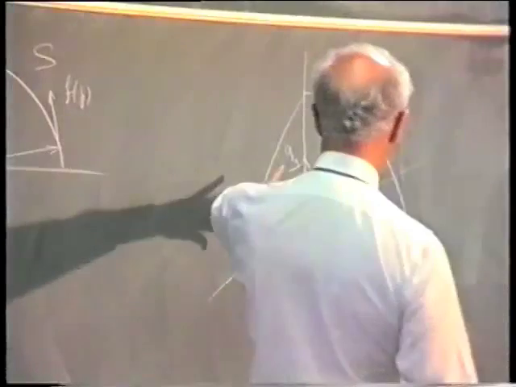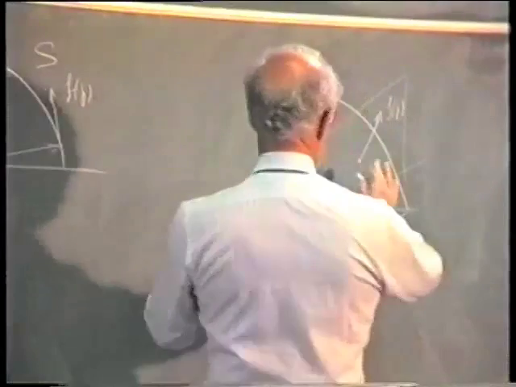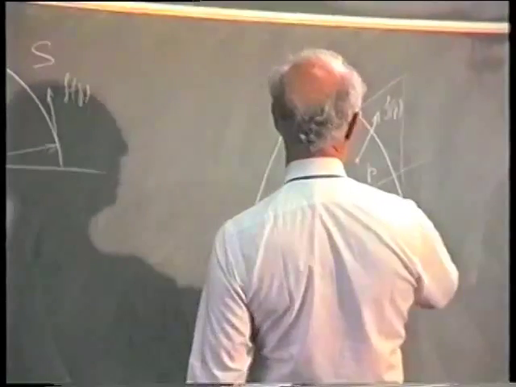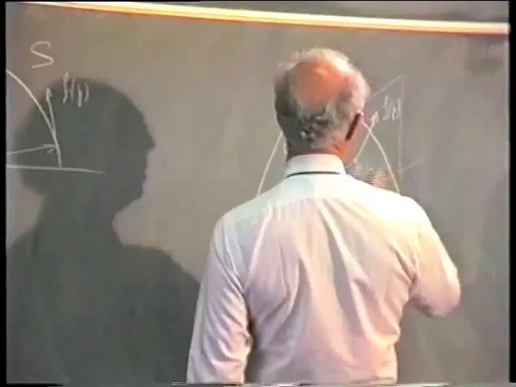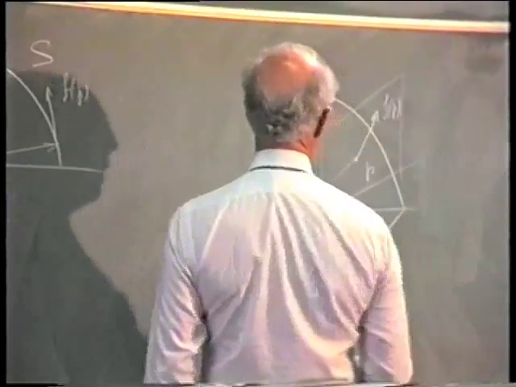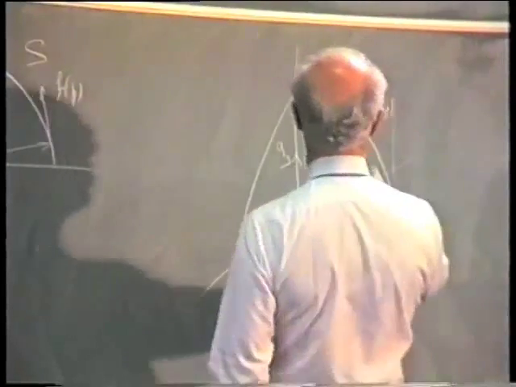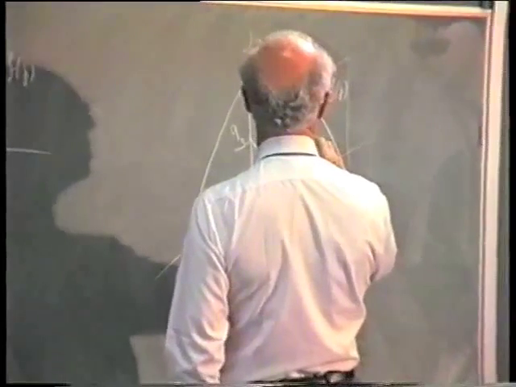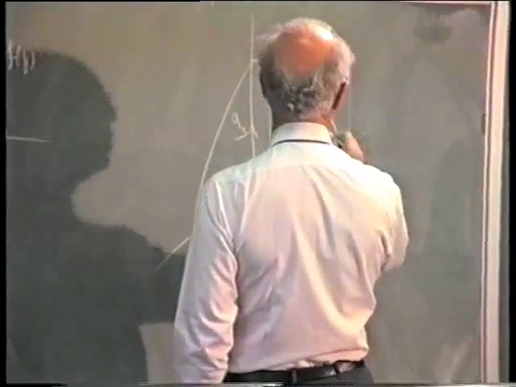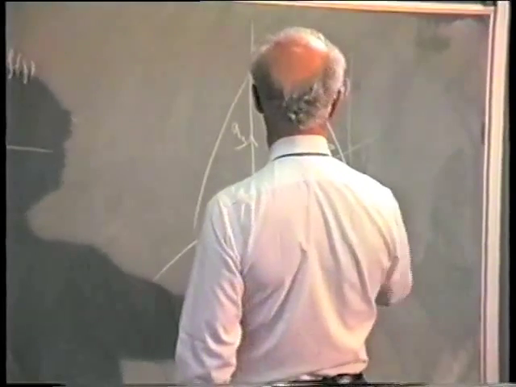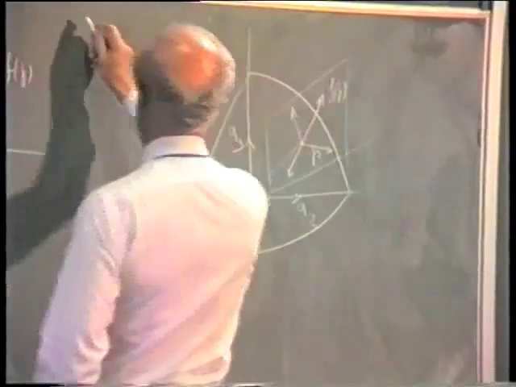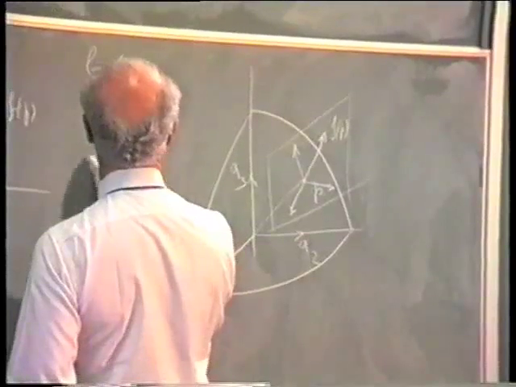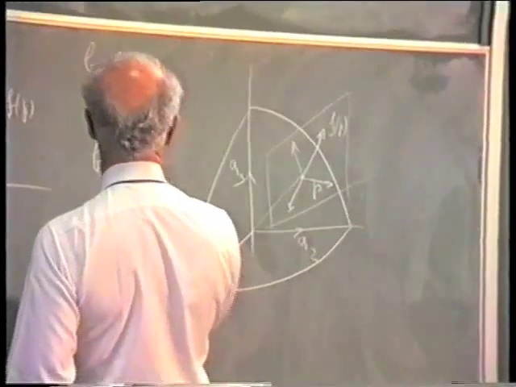If you project these vectors orthogonally onto the hyperplane, and don't forget that the vector OP is orthogonal to the hyperplane, so when you project, you obtain 3 vectors which will be shaped like this. Never mind the geometry. We can call them respectively B1 of P, B2 of P, and B3 of P.